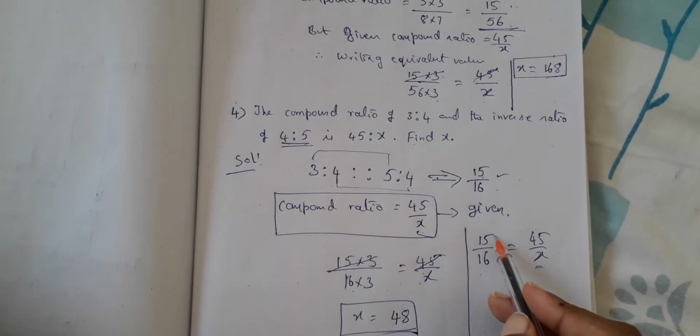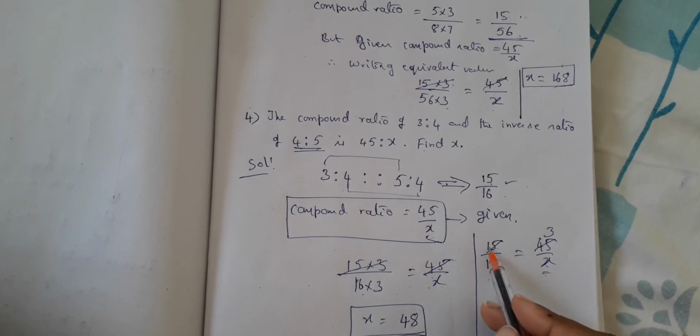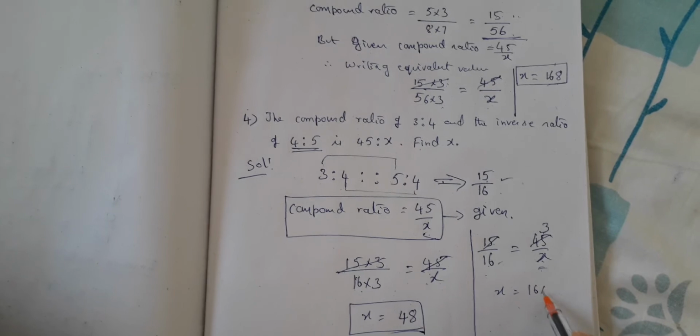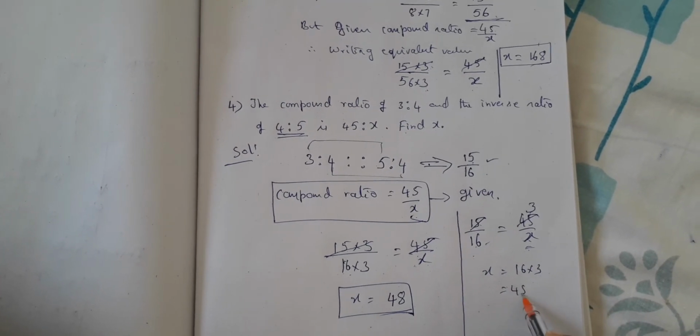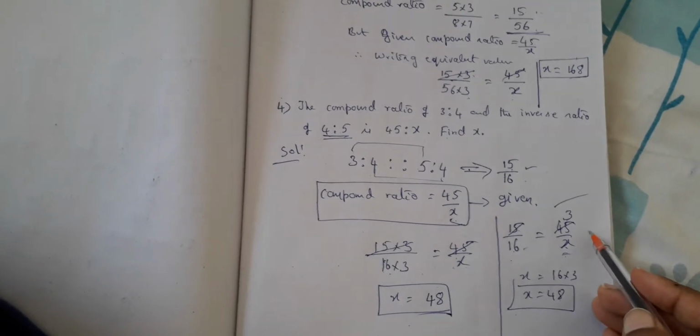What is the harm? He is only saying this is the compound ratio. So you equate this compound ratio to whatever you have determined. Now see the magic. 15, how many times does it go here? 3 times. Now cross multiplication. 1 into x, x is equal to 16 into 3. So directly 48. So see, this method is very simple.